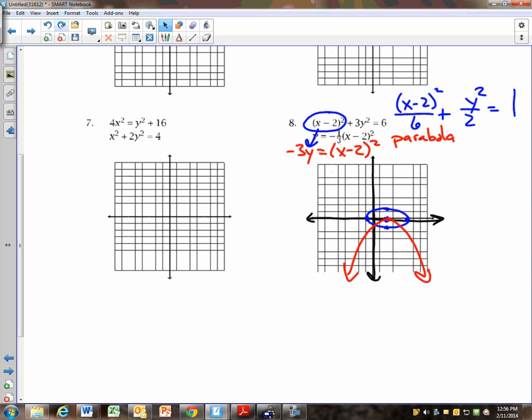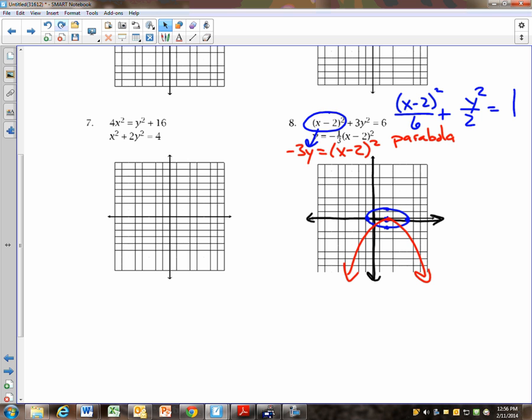That way my x's go away up here, and I just have my y's. Caitlin? X minus 2 quantity squared is the same as that, right? And it's equal to negative 3y. So instead of writing x minus 2 squared, I could just write a negative 3y. That way I don't have any x's up here, I will just have y's.